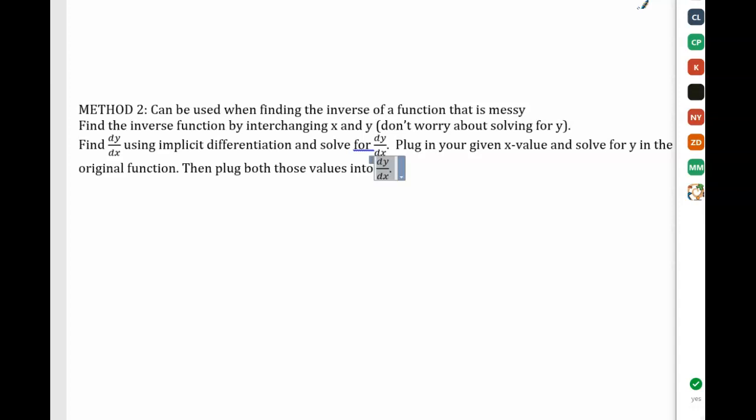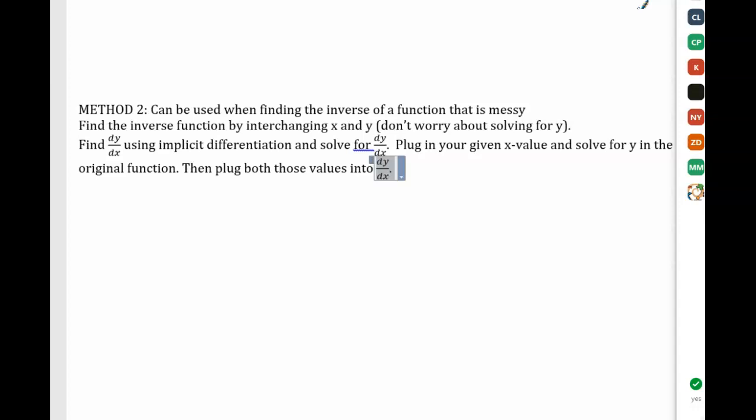Method 1 is really nice and useful when we're looking for inverses of polynomials, because their derivatives are easy and finding their flip-flopped points is easy. Finding the inverse of a function that is not so easy involves using the steps we learned and reviewed at the beginning of class today, which is to actually change your x and y, find your inverse, and find the derivative of the inverse.